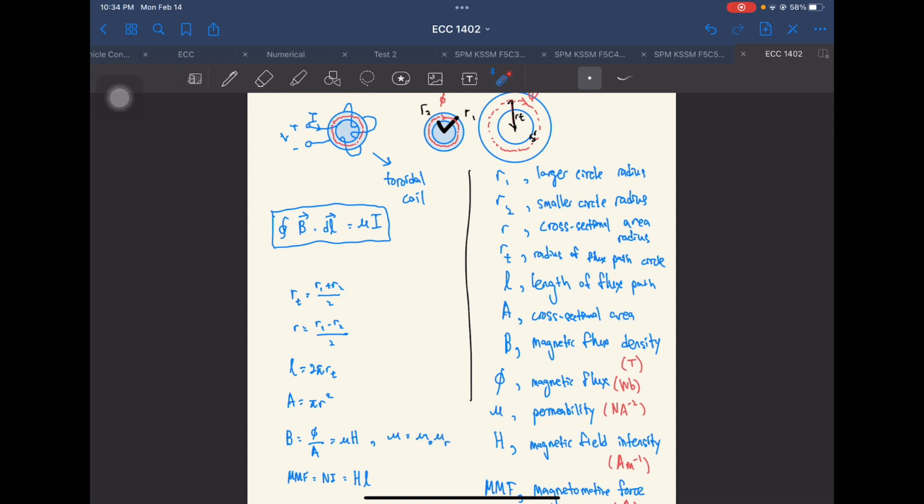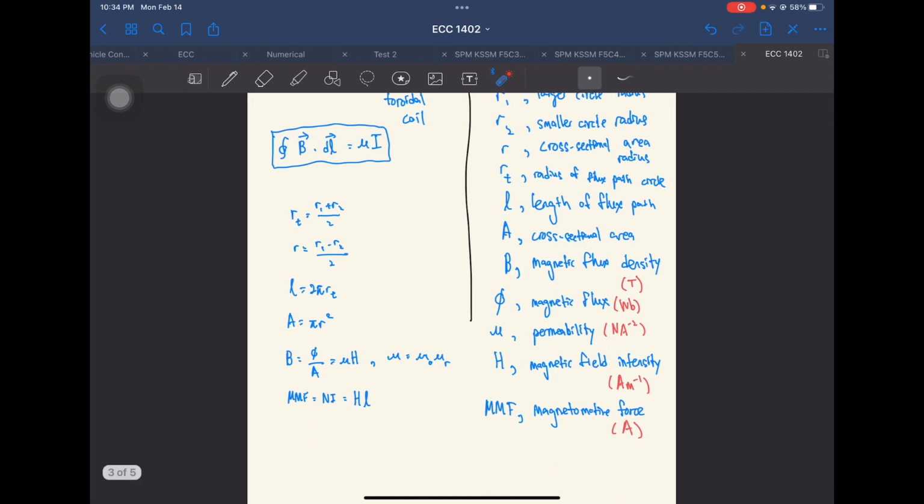Okay, and H is a magnetic field intensity. Its SI unit is ampere per meter, and MMF, magnetomotive force, its SI unit is ampere-turns of a coil.